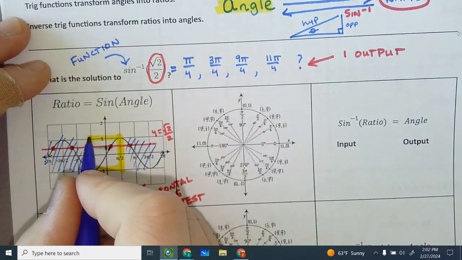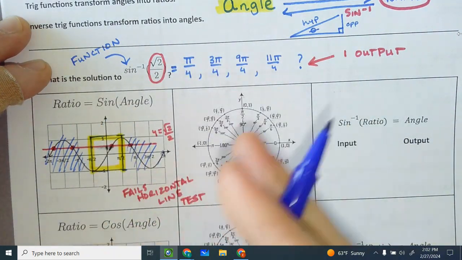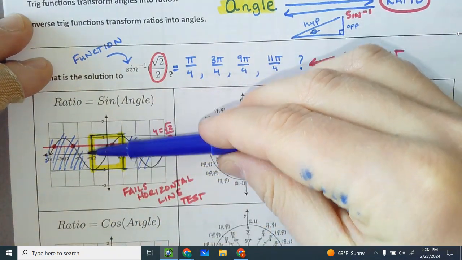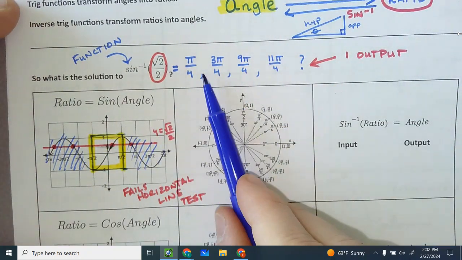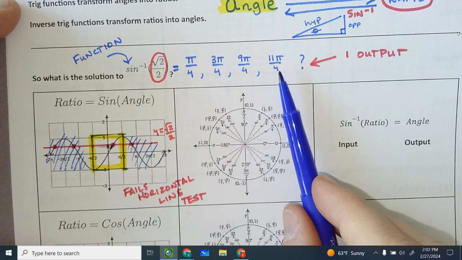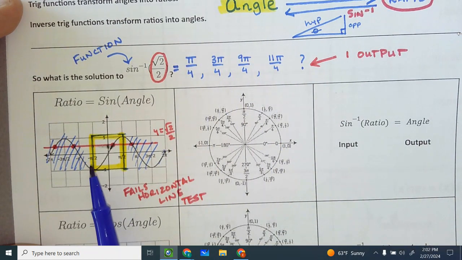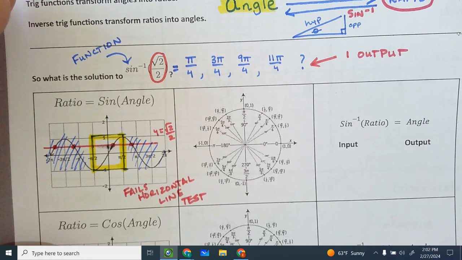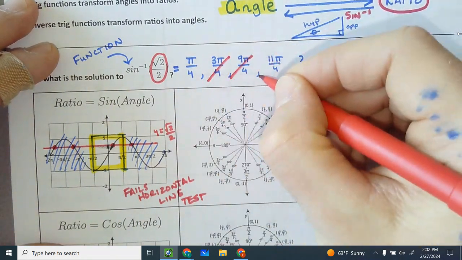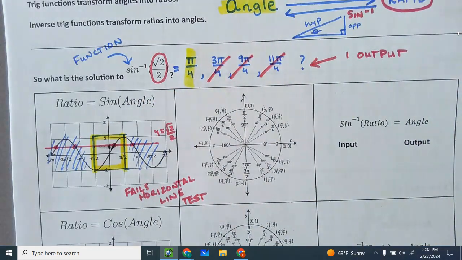If you just look at that little rectangle right there, see how that will pass the horizontal line test. So the answer to our question, which one of these angles is going to be the one, is which one of these angles is between negative pi over 2 and pi over 2. And the answer to that is my buddy, pi over 4. So pi over 4 is the answer.